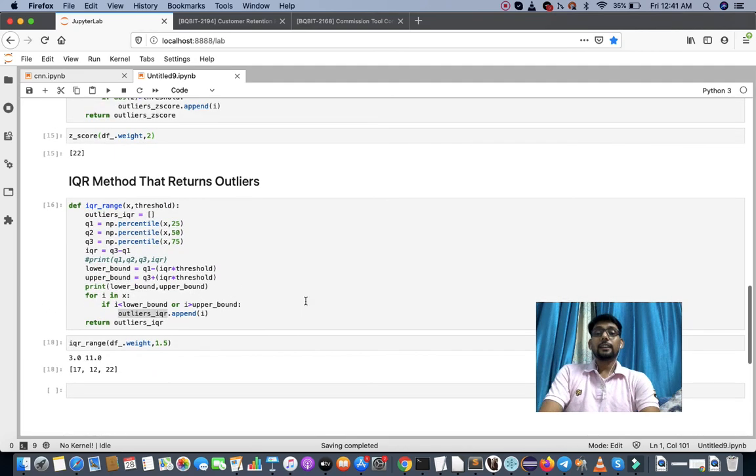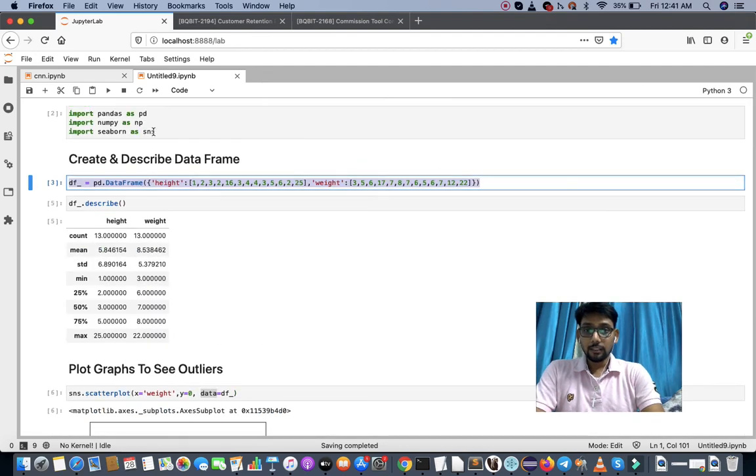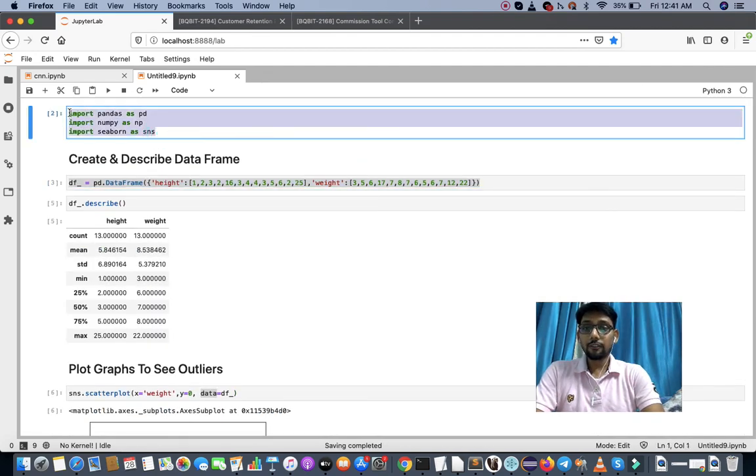So guys, in the next video I will again do the implementation of all outlier detections on a very good data set that is widely used in the market. Probably we can download it from Kaggle or any other internet resources, right?